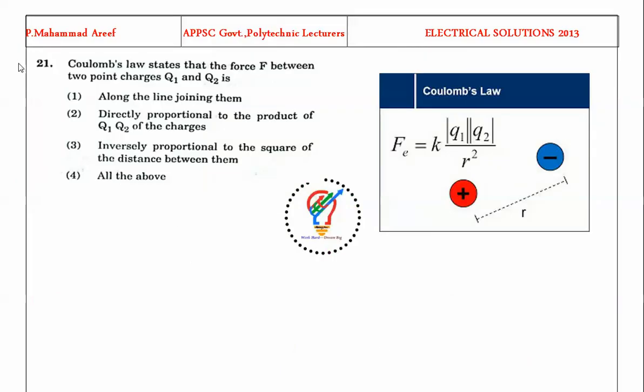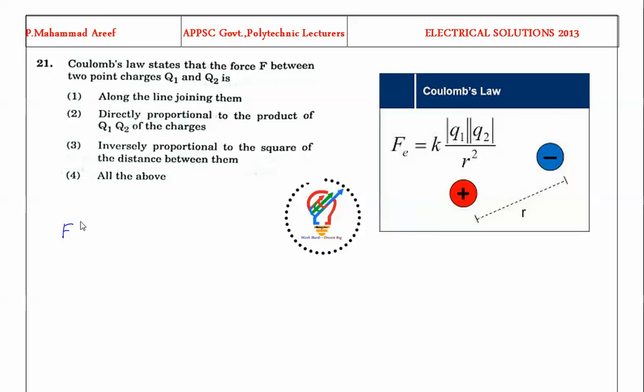The first question here is, Coulomb's Law states that the force F between the 2 point charges Q1, Q2 is. So, if you listen to Coulomb's law, it says that the magnitude of the electrostatic force between the 2 point charges is directly proportional to the product of the charges Q1, Q2 and inversely proportional to the square of the distance between them.